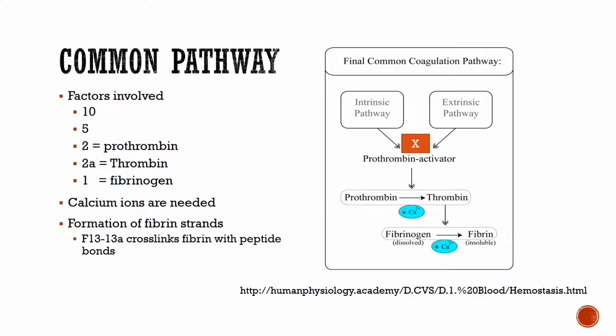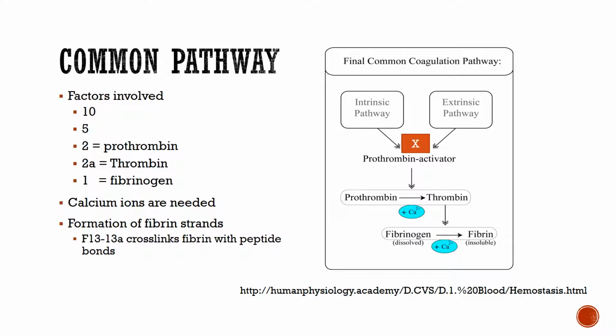Okay, we have made it to the common pathway. As you can see in the diagram to the right, both the intrinsic and extrinsic pathways converge into the common pathway at the point where factor 10 is activated into 10A. The combination of factor 10A, factor 8A, calcium ions, and platelet factor converts prothrombin into thrombin.